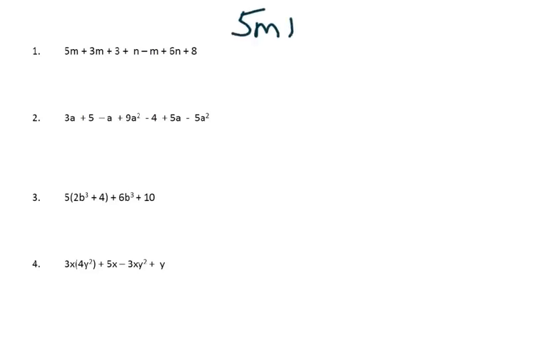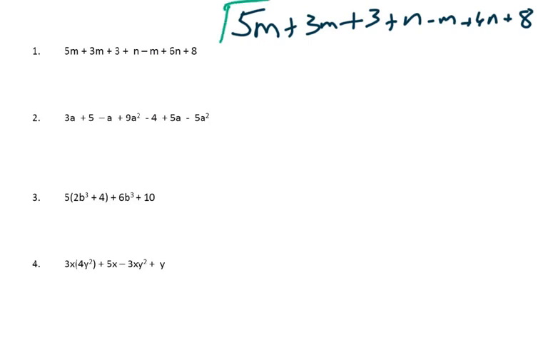So I have 5m plus 3m plus 3 plus n minus m plus 6n plus 8. Okay, so what I want to do is draw shapes around the different like terms. Okay, so I'm going to start with the m's. So I'm going to go green.